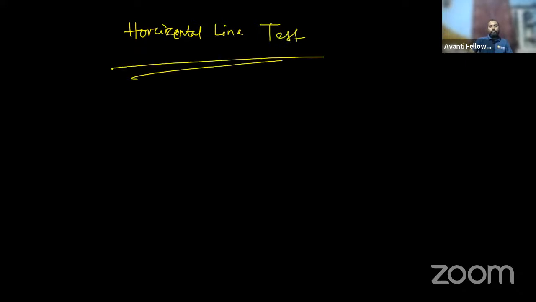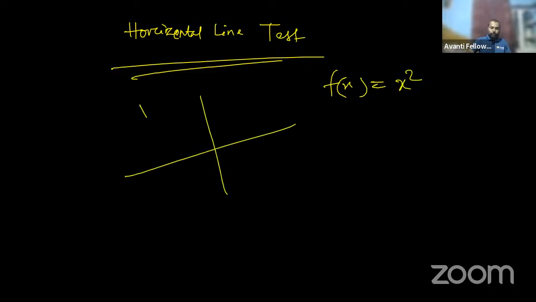Okay, so same example I am taking. f of x is equal to x square, right? So draw the graph. So this is the graph of y is equal to x square, parabola.